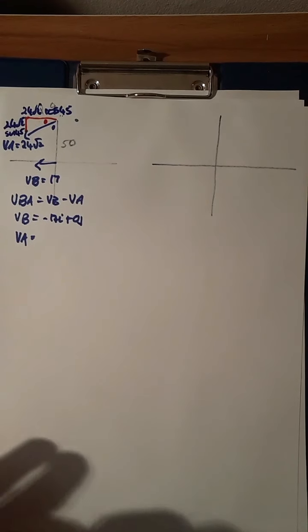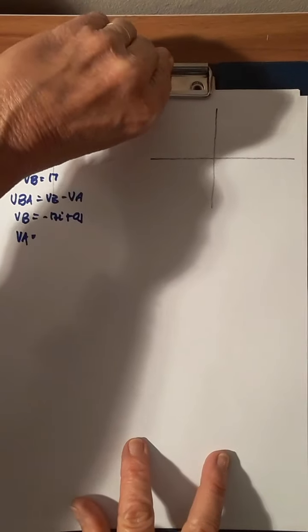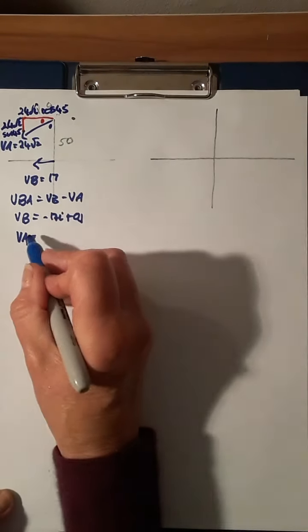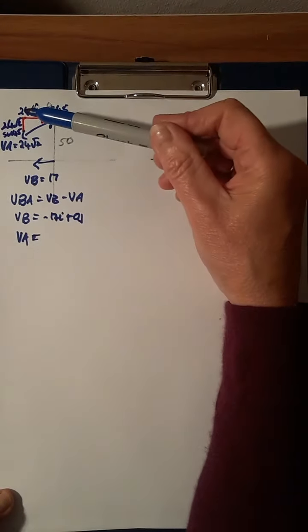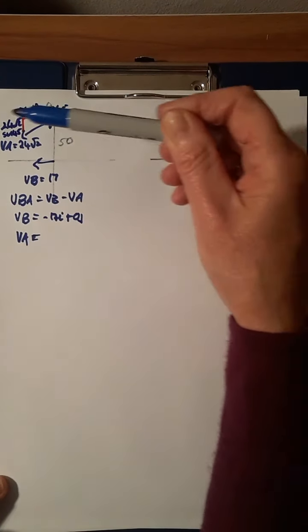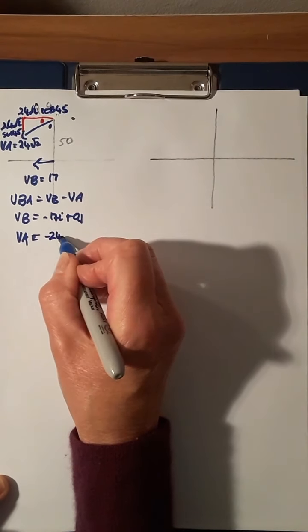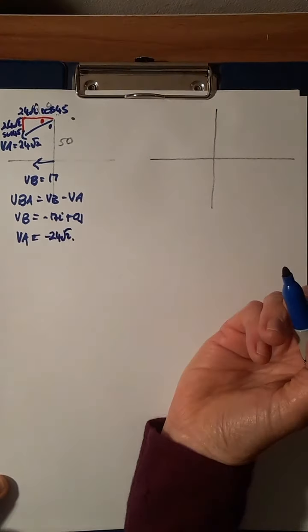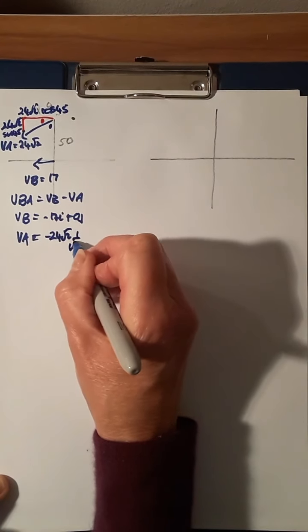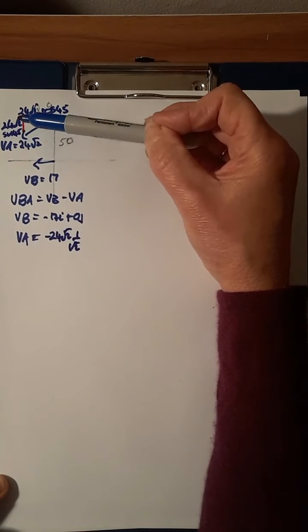Okay, so I'm going to write down then my I and J parts of A. So VA is equal to 24 root 2 cos 45 in the I direction, but it's travelling in the negative I direction because it's heading west. So this will be minus 24 root 2, and the cos of 45 is 1 over root 2. Now the J component, again, it's heading in a southerly direction.